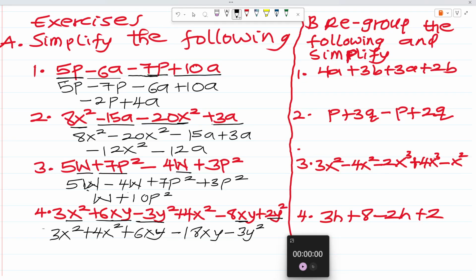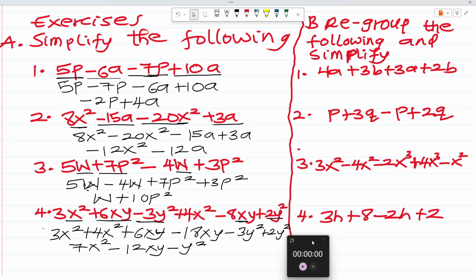The last one here is plus 2y squared. 3 plus 4 gives us 7x squared. 6 minus 18 gives us negative 12xy. So then we have the next one, negative 3 plus 2 gives us negative y squared. And we are done.